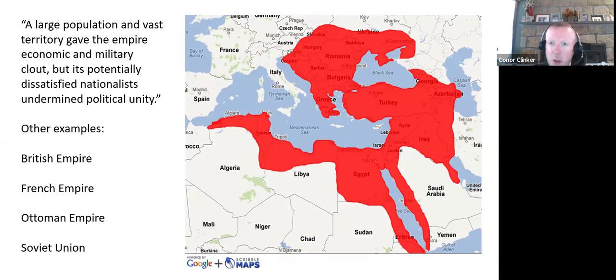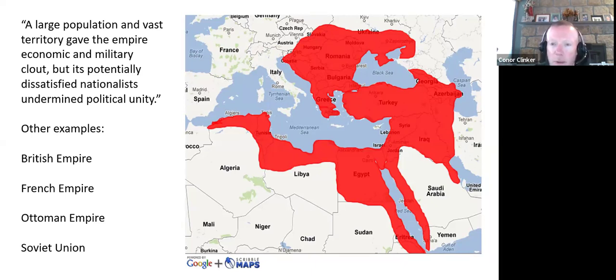Just like that other map I showed you, it's an empire in red that no longer exists. Now, instead of all this area being one government, one economy, one military, a big, rich, diverse empire, because of nationalism, the Ottoman Empire is now what, 30 different countries?